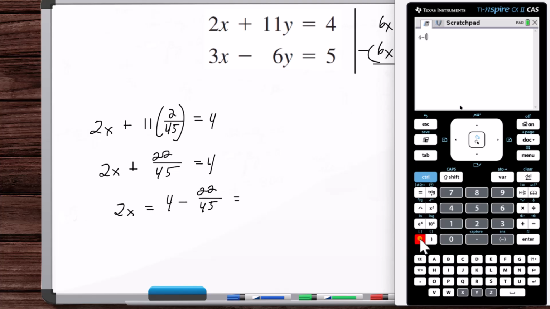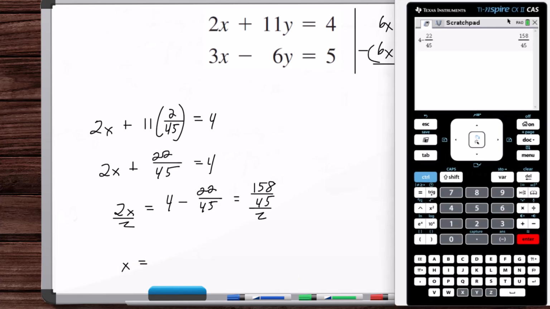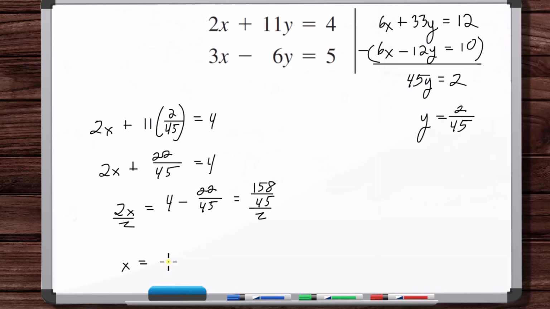So 4 minus 22 over 45 is 158 over 45. Now divide both sides by 2. What's 158 divided by 2? Well, this whole thing divided by 2 is 79 over 45. So the solution is (79 over 45, 2 over 45).